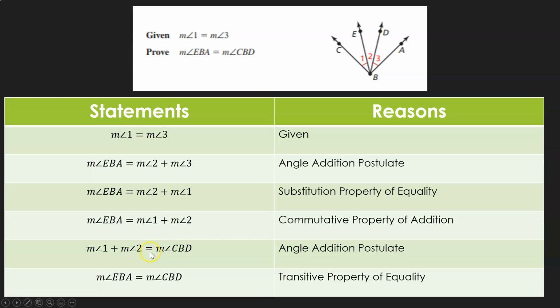And then in this instance, I want to get rid of the measure of angle 1 plus the measure of angle 2 and join EBA and CBD together by the transitive property of equality. So when I'm joining two equations together, I'm linking them together like cars on a train, which is how I know it's the transitive property.